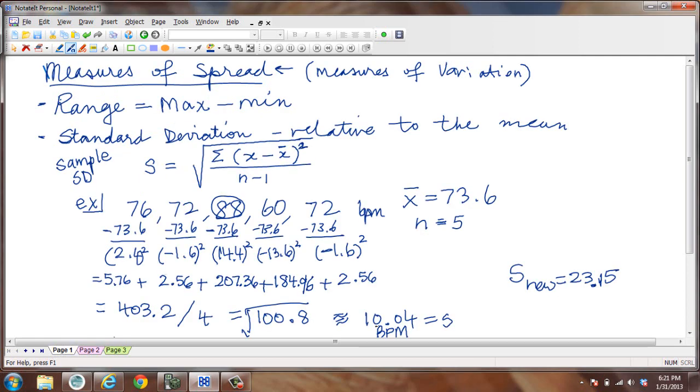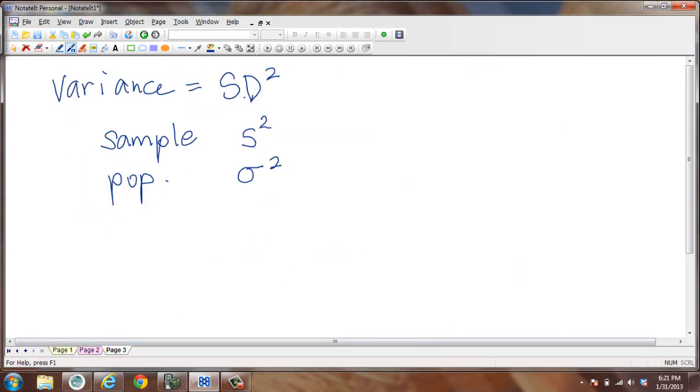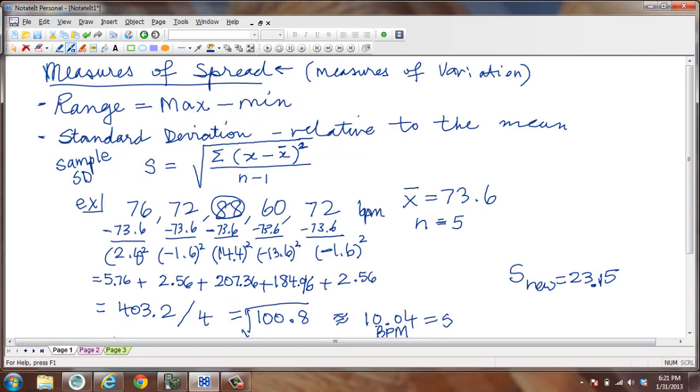The previous example that I had in this blood pulse rate data, 10.04, was the sample standard deviation. If I want to calculate the variance, s squared, then I very simply take 10.04, square it, and when you do that you get 100.8. So that is the variance. Okay? So all these numbers, the range, the standard deviation, the variance, tell us how spread out the data is.